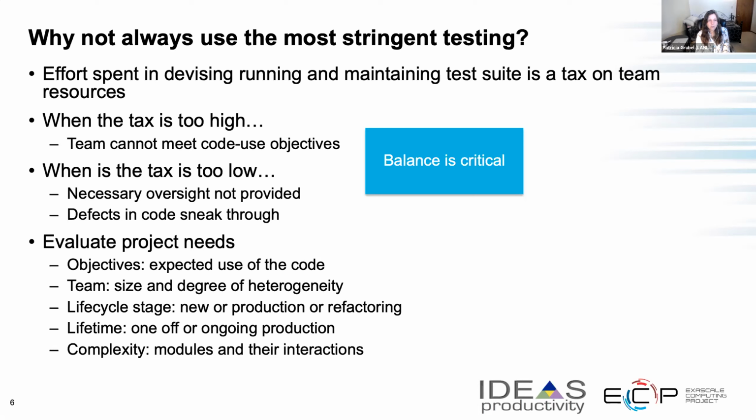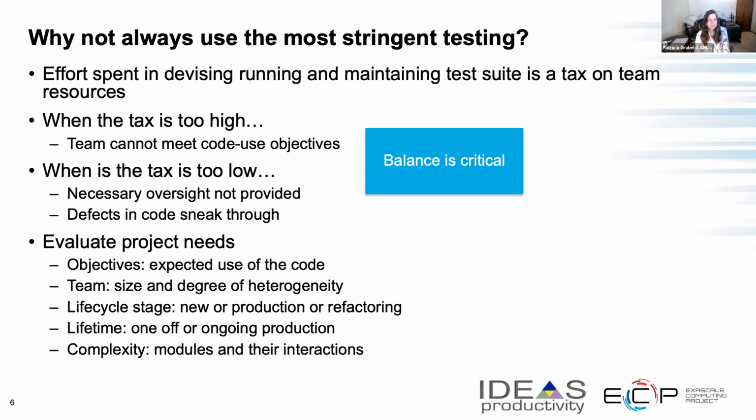So you have to evaluate your project needs. What is the expected use of the code? Maybe you don't need to test every part of the code because some parts aren't going to be used. You need to look at the experience, the size, and the expertise in your team and what can be put on these parts of the code.